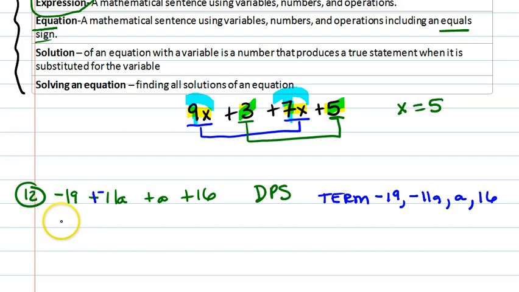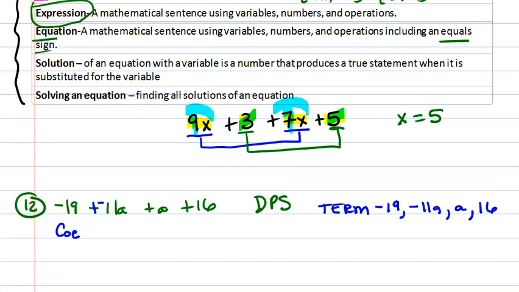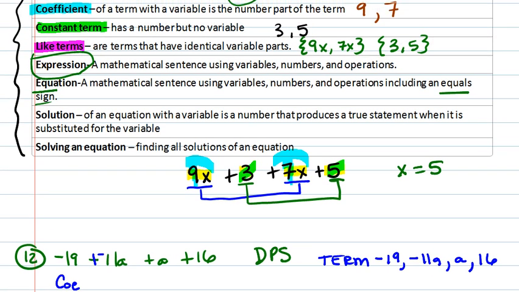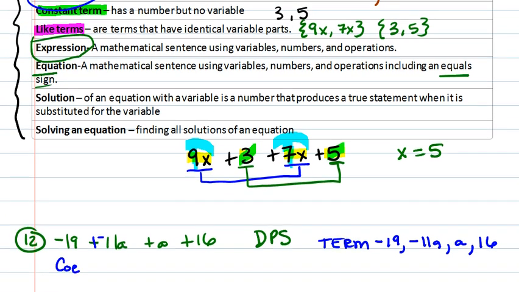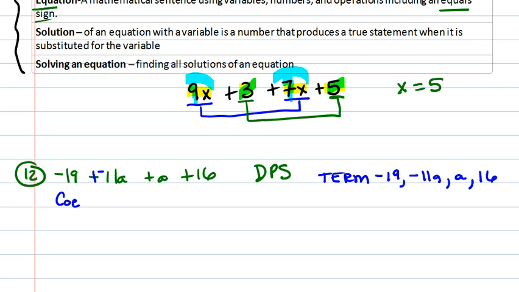Now, let's identify what would be our coefficients. Remember, coefficients are the numbers that go with our terms that have variables.